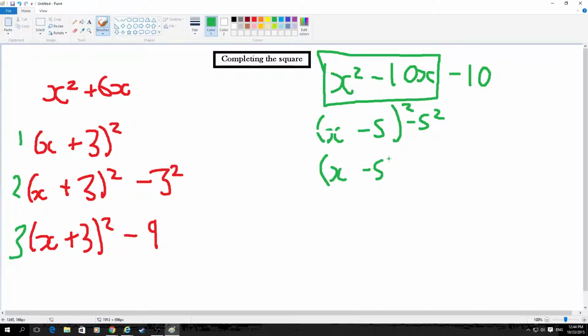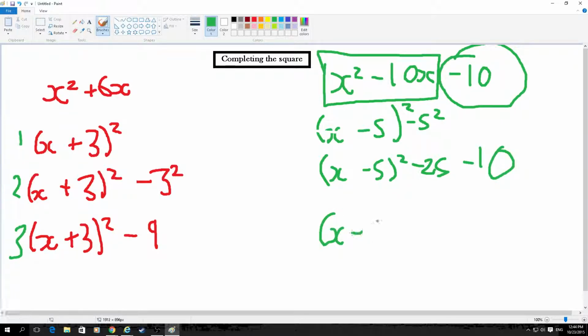That equals minus 25. And then you put this one back in, minus 10. So x minus 5, minus 35. So that's the answer.